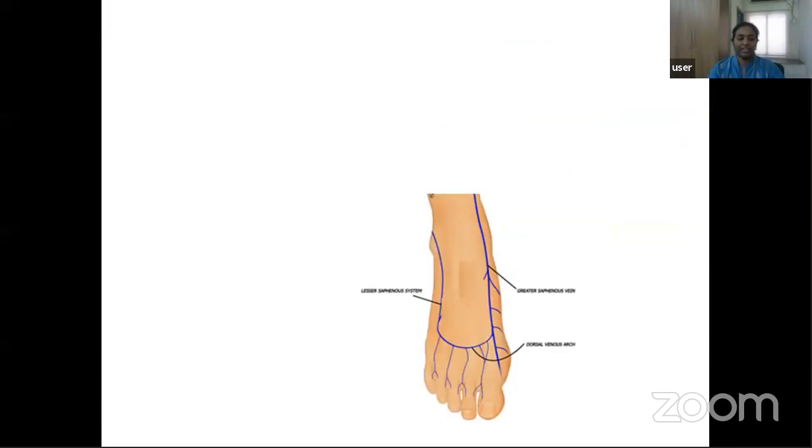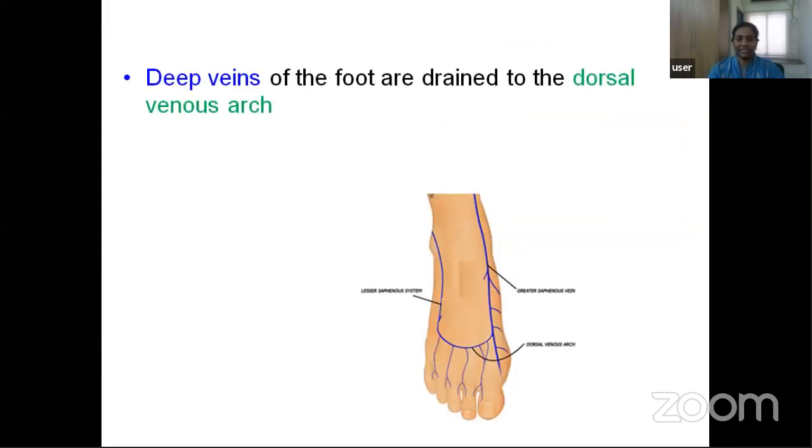So we'll go into the details of the veins. In the foot region, there is something called the dorsal venous arch. The deep veins present in the foot communicate and open into the dorsal venous arch.